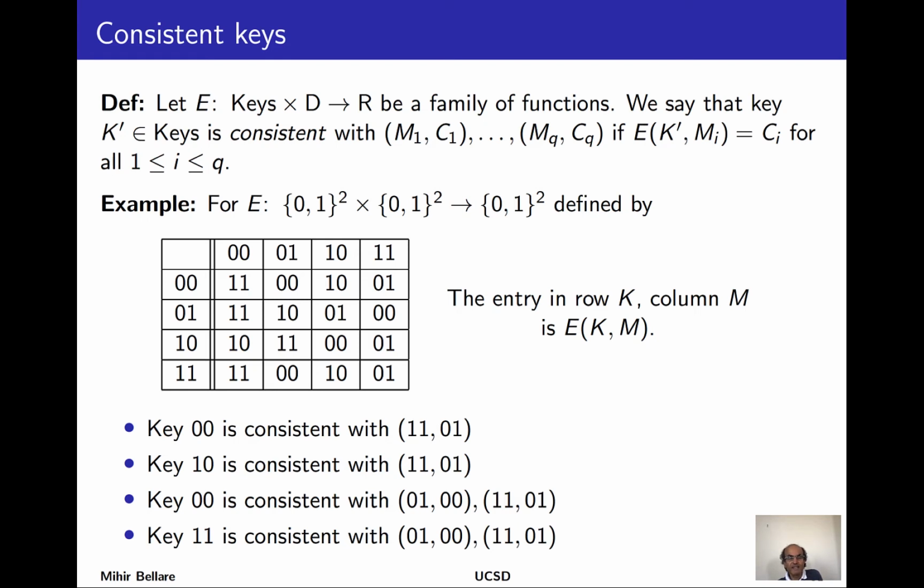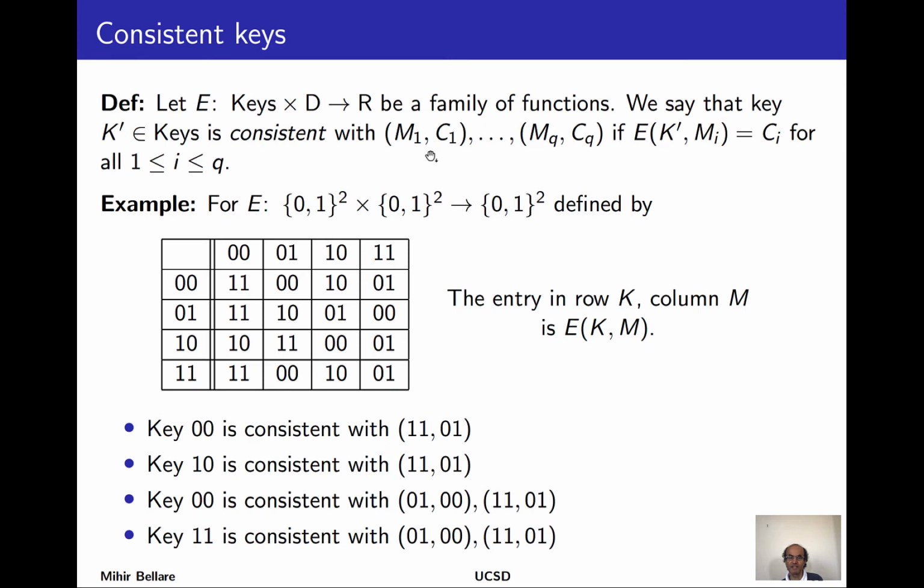We first need a certain definition related to a key. Again, we fix our family of functions with its key space and domain and range. And we assume that we have a sequence of input-output examples. So you have message, ciphertext, message, ciphertext. You have Q such examples. Each example is a pair.